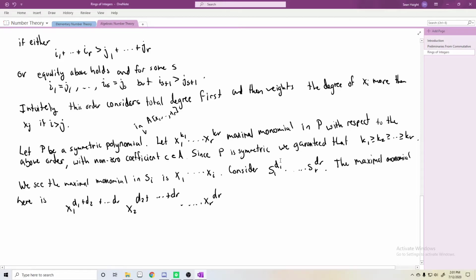I'll have d1 x1s in S1, I'll have d2 x1s in S2, and so on down the line. So the goal is essentially to cancel the leading term in P with a leading term in one of these.